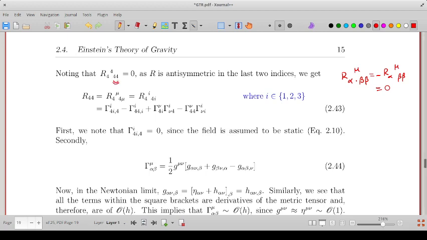And therefore R44, because these two indices are the same, should be 0. So in this contraction, I only need to consider mu equal to 1, 2, 3, because mu equal to 4 corresponds to this term, which is 0. So I may write this as R4I4I, where I is equal to 1, 2, and 3.